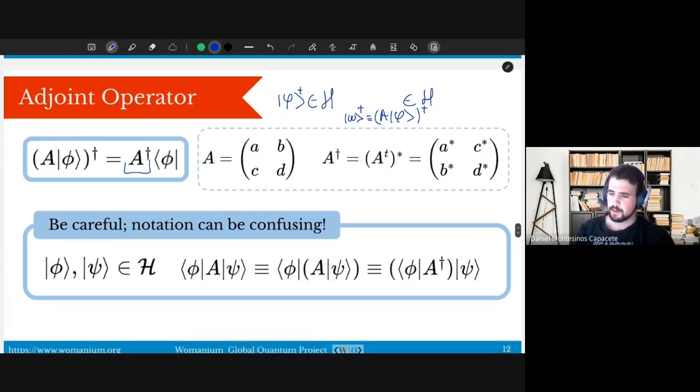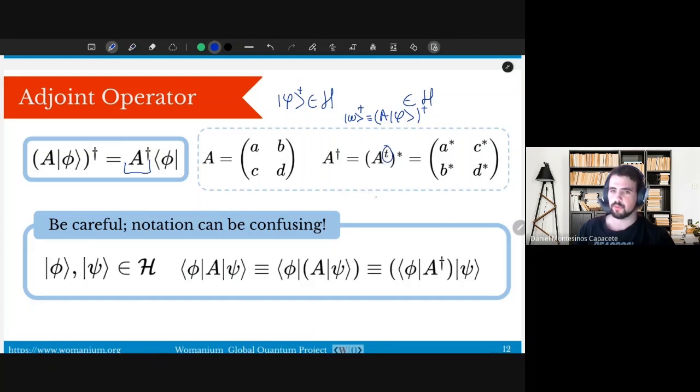So if you have a linear operator in matrix representation, and let's take a bidimensional example, the adjoint operator is going to be just you have to apply this operation to your matrix representation, and you have to transpose.